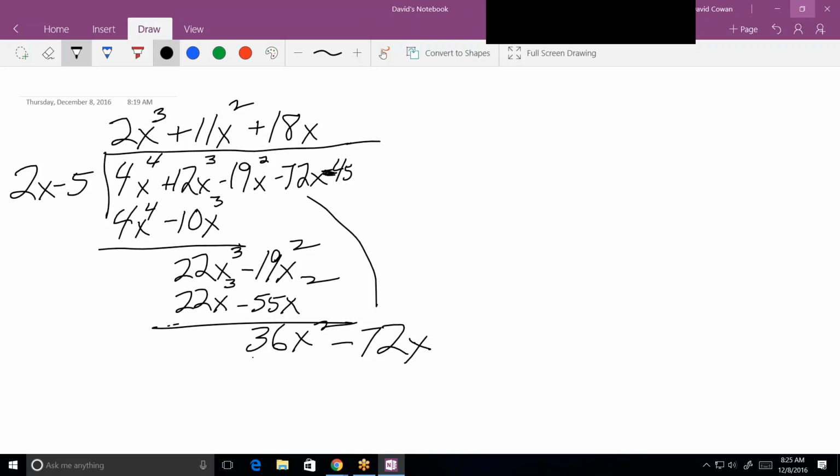Now when you multiply, you get 36x squared minus 80x. Now subtract, what do you get? You get 8x. Bring down the next term.